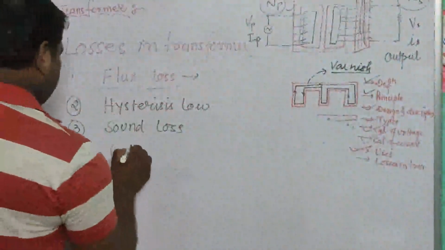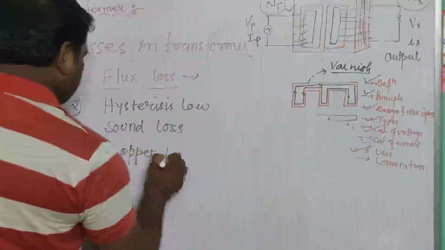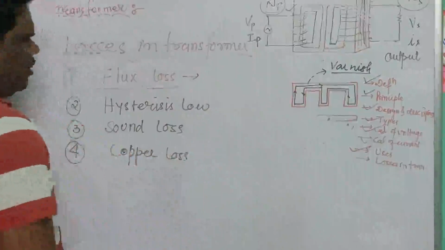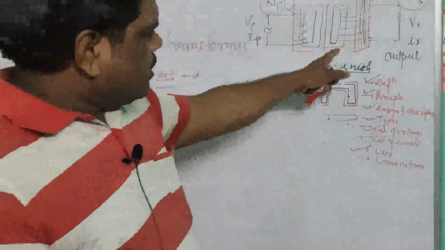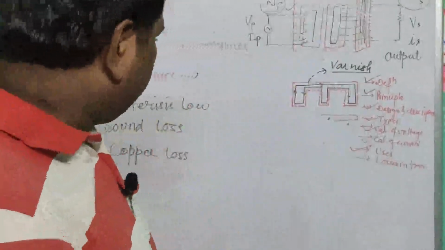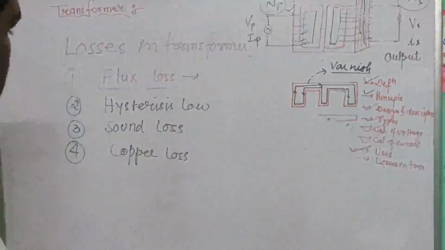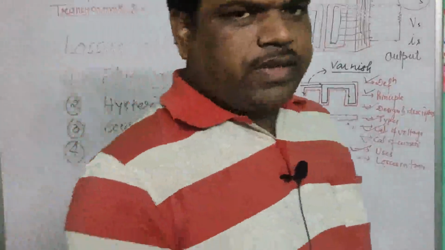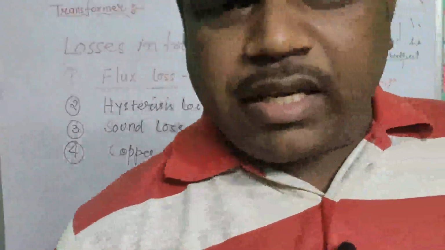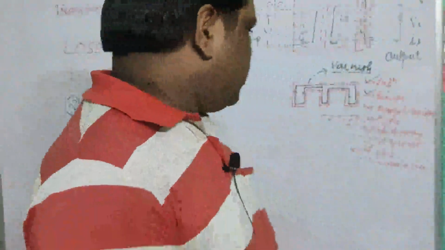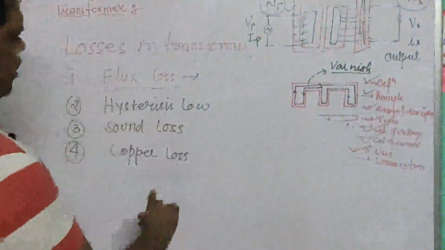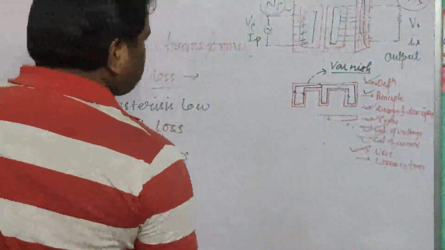There is one more loss, that is copper loss. The core of the transformer is made with the help of copper. Because of eddy current, heat is created, and due to that heat there is a loss, that is copper loss.